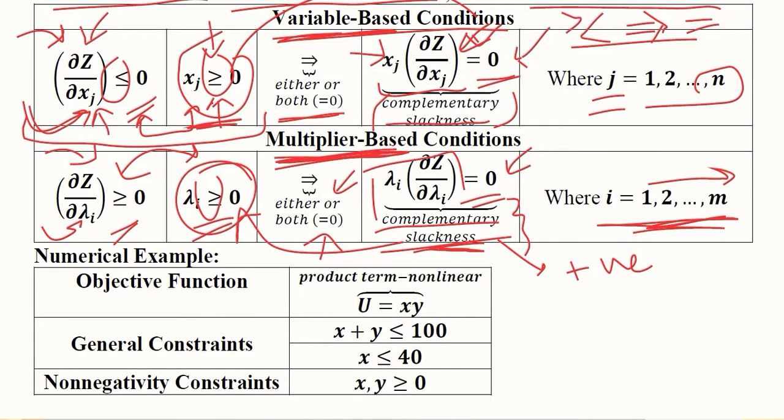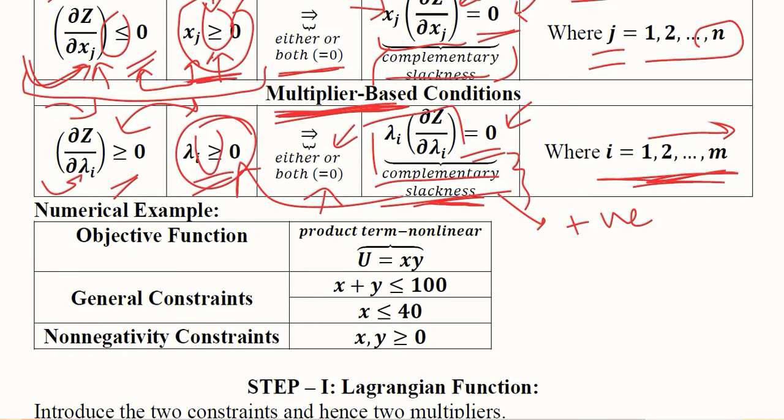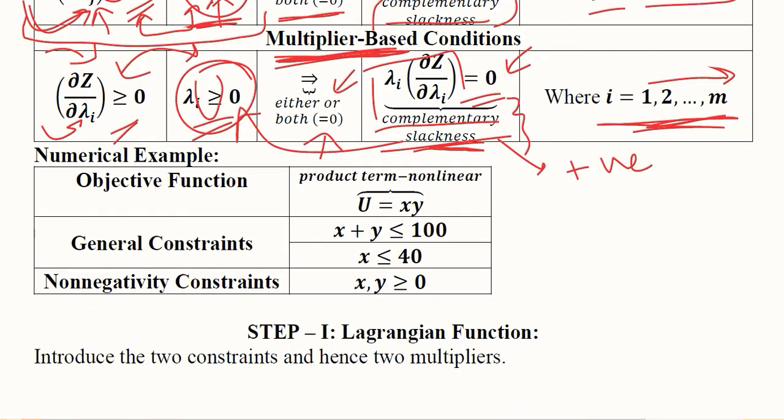Now we come to the numerical example which will unravel the things more. Here we have an objective function which is a utility function, and it is a nonlinear function because the degree is 2, and we have general constraints that the consumption of both of the goods, when we sum them, should be at max equal to 100 or less than it, and the consumption of good X should be at max 40 but not greater than that.